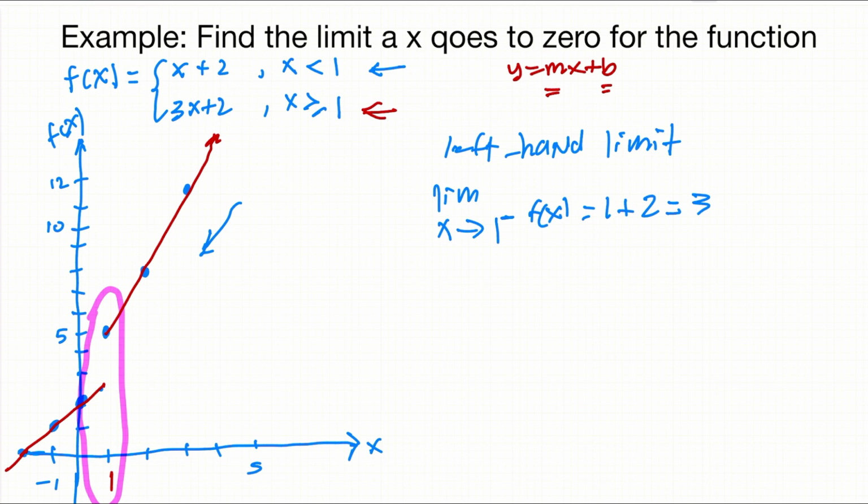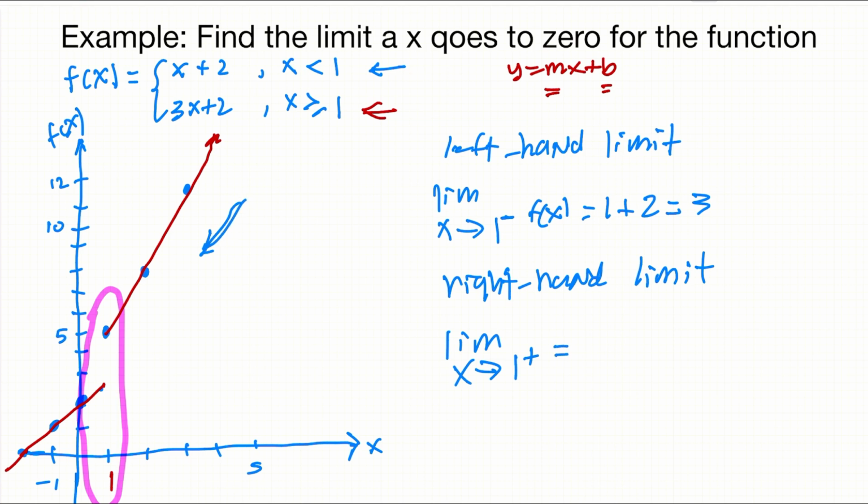Now let's evaluate the right-hand limit. We have the limit as x goes to 1 from the right side, coming down this way.